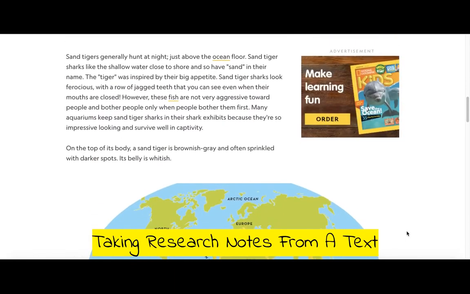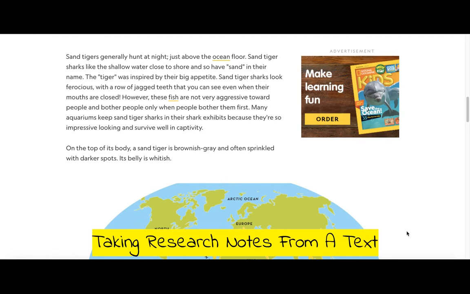Sand tigers generally hunt at night just above the ocean floor. Sand tiger sharks like the shallow water close to shore, and so have sand in their name. The tiger was inspired by their big appetite. Sand tiger sharks look ferocious with a row of jagged teeth that you can see even when their mouths are closed.